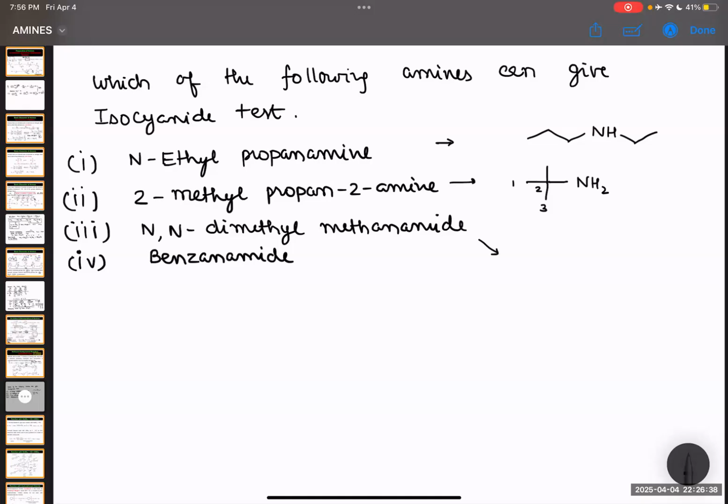Methanamide is this, with N,N-dimethyl, and this is the methanamide. Benzamide is PhCONH2.